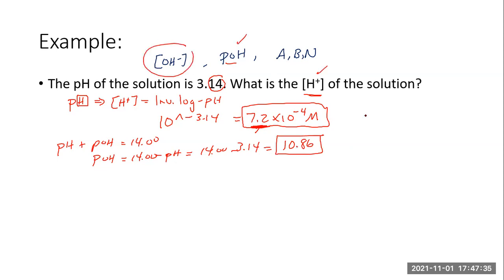OH minus, again, because you have that, you could use Kw. Because you have the pOH, you could do the inverse log of the minus pOH here. Again, that would be a 10 and a caret minus 10.86. And that would get you 10.86 negative, shift the log.